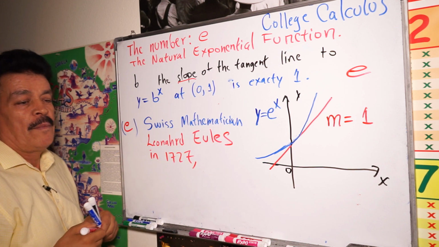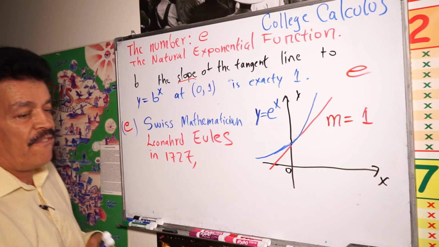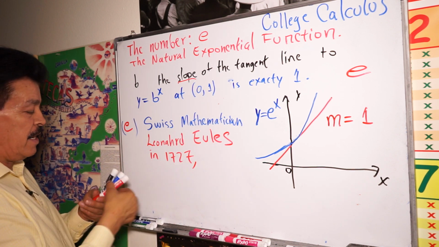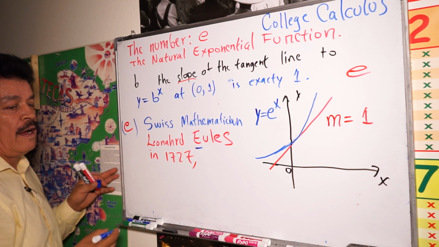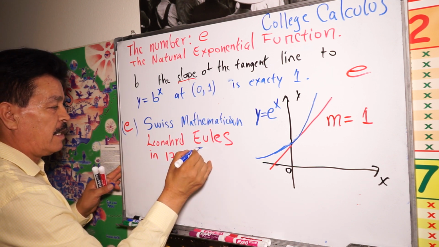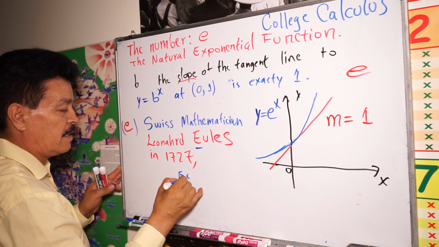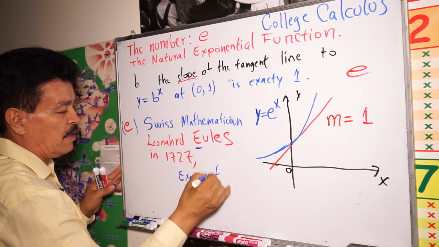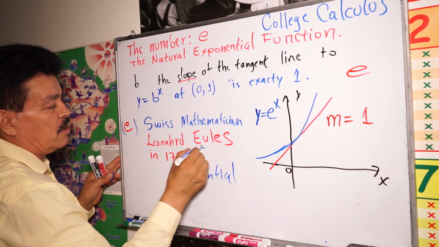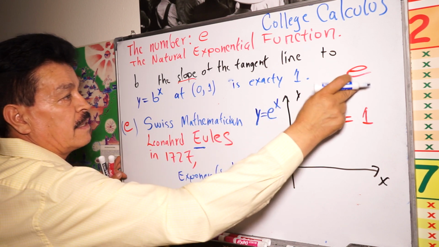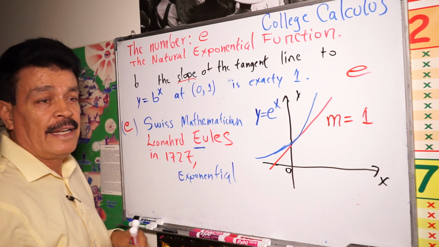Probably because it's the first letter of the word exponential, right? Maybe that's why he gave this letter to this number.